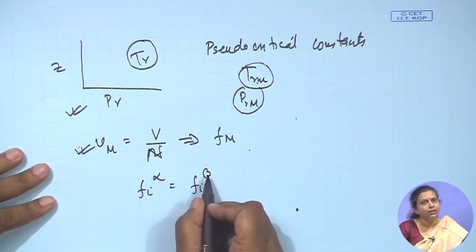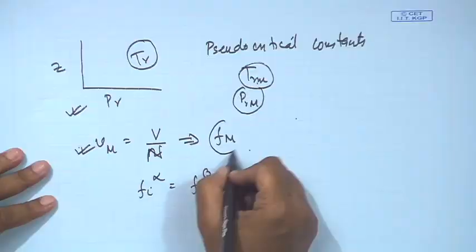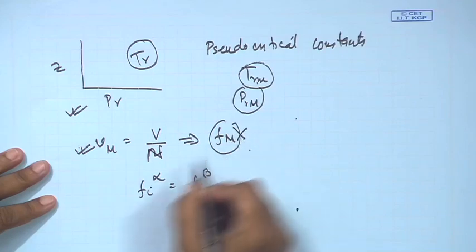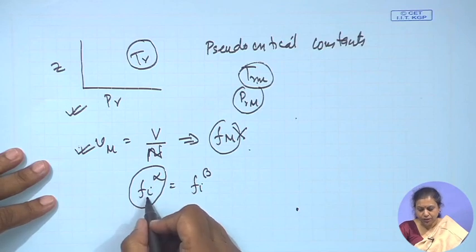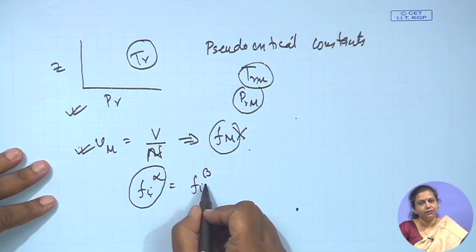So, if we really want to find out whether two phases are in equilibrium, what do we need to calculate? We do not need to calculate Fm. On the contrary, we need to calculate the fugacity of the individual components in the different phases, right.